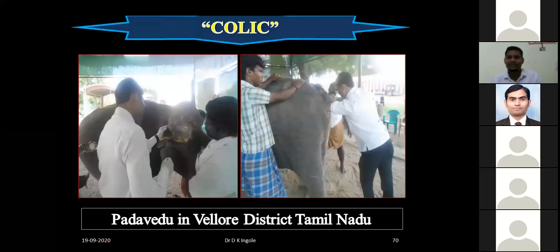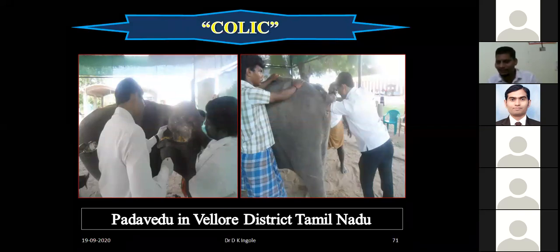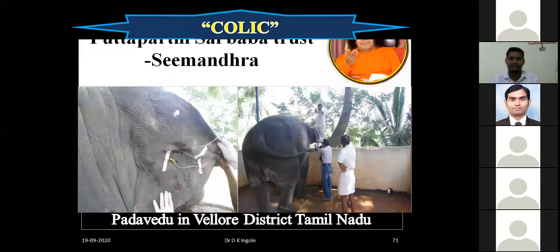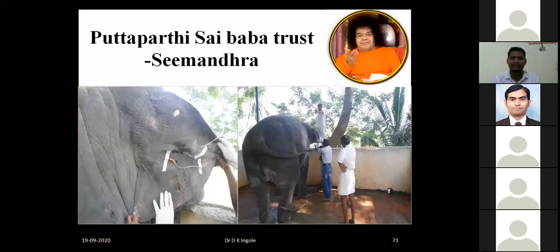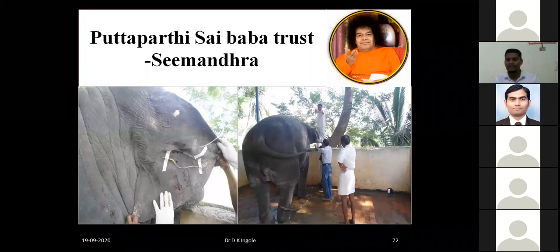Then colic in elephant. Those who are expert in treating the horse can very well treat the elephant also, because the physiology is somewhat similar. These are the patients from Tamil Nadu, Padavedu in Vellore district. This is the Puttaparthi Sai Baba Trust, Simandra. These elephants were suffering from colic.